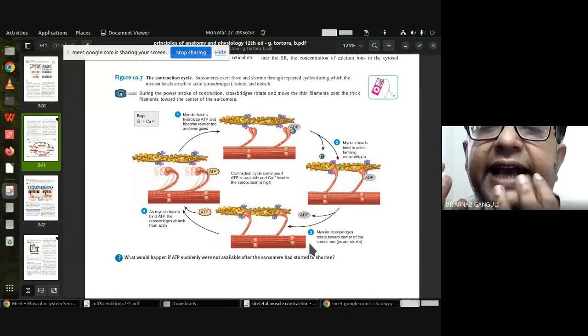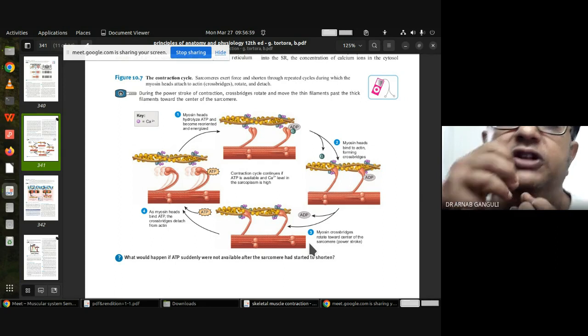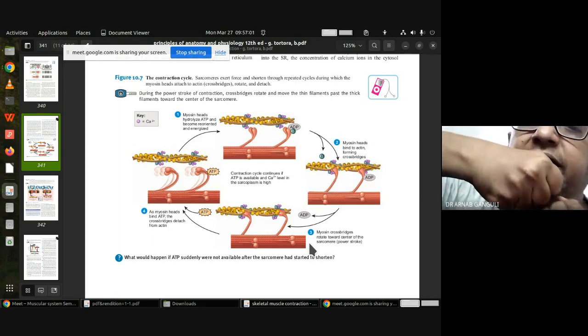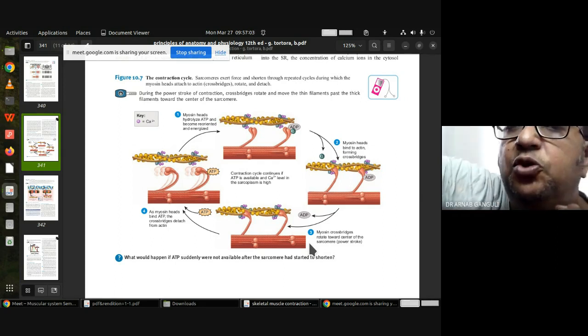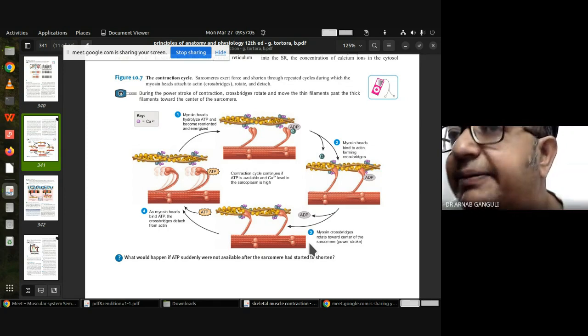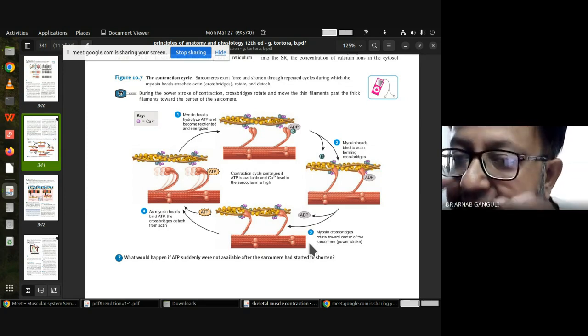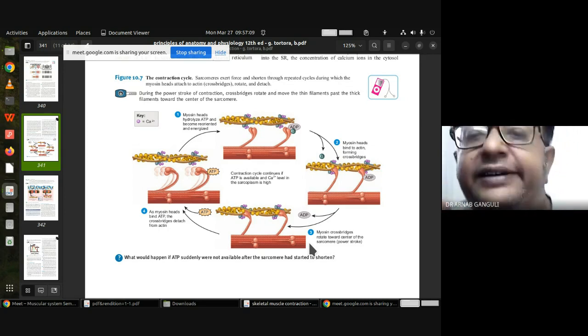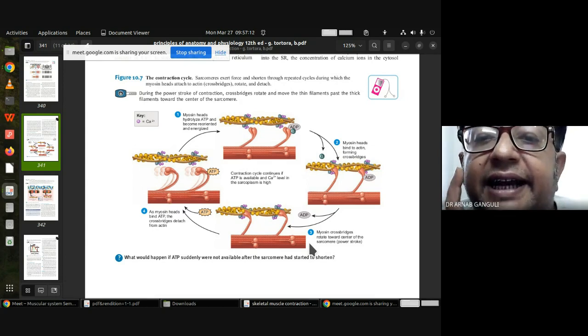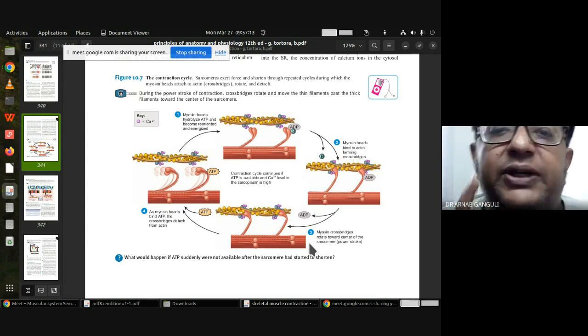This calcium troponin causes tropomyosin to move away from the myosin binding site on the actin, and it is exposed. The result is that the myosin head binds to it.